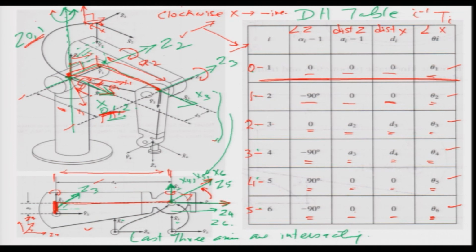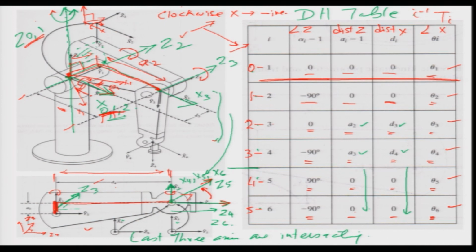Till here, for 1, 2, 3, you can see the link lengths A2 and A3 change, and we also have the offset distances d3 and d4. But after this there is no change, because the origins are the same.